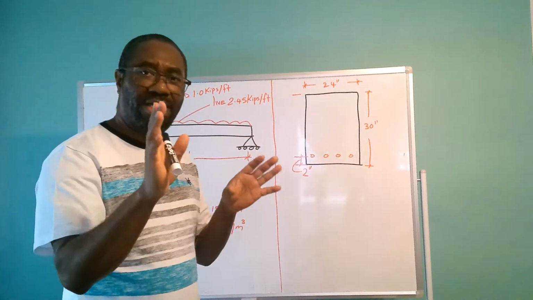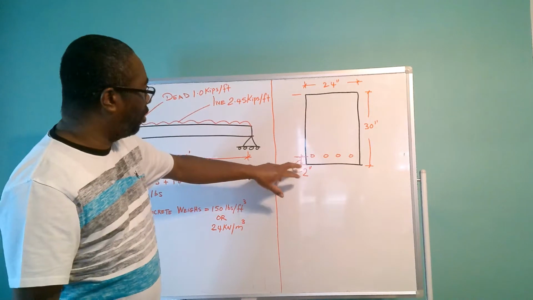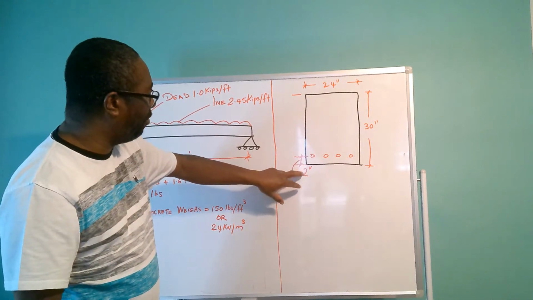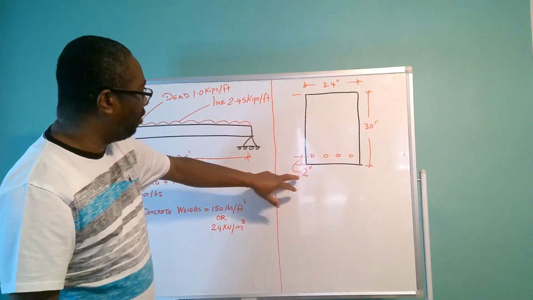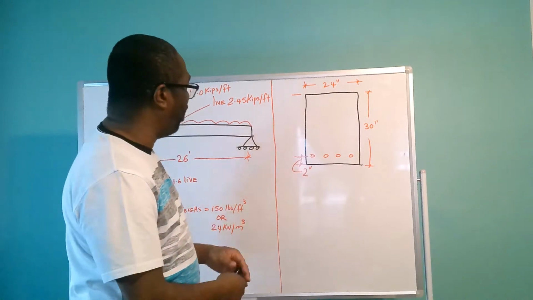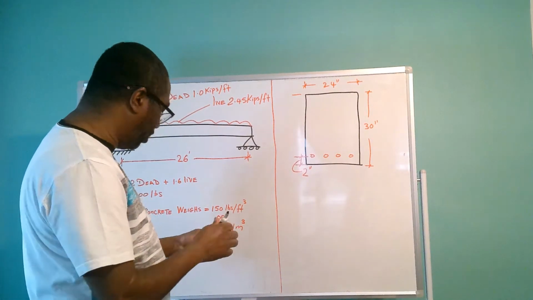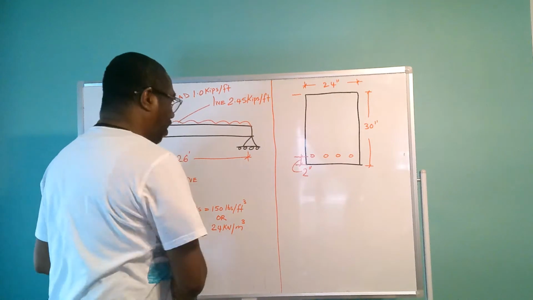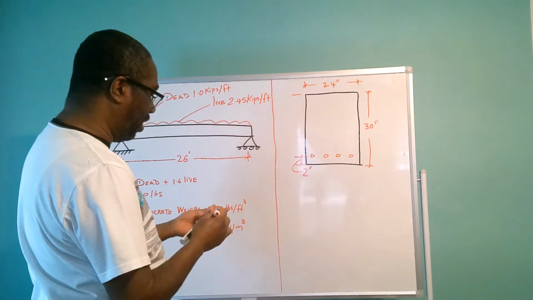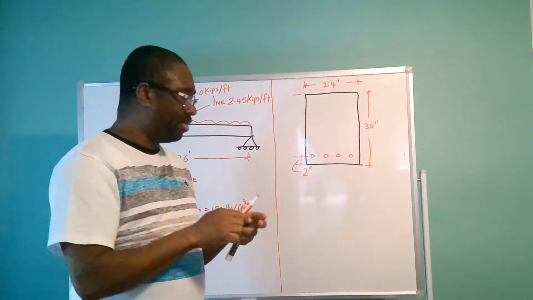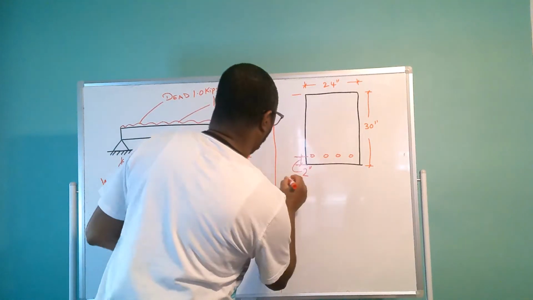Also, before I get into the calculation, you should observe the concrete cover of the beam. The concrete cover of the beam is going to be 2 inches, and this is what is used to determine the effective depth.